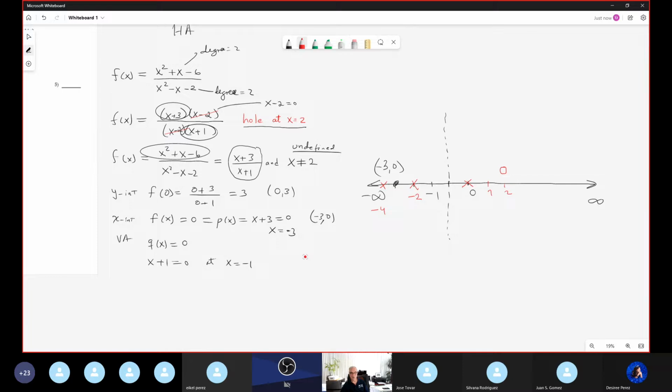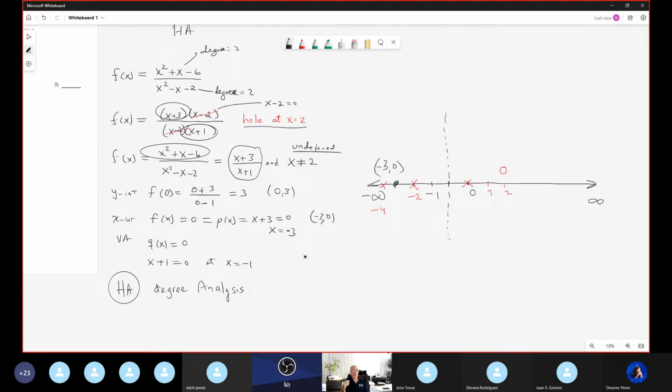Cool. Now the horizontal asymptote is the degree analysis. And we studied in detail at the beginning that the degree is 2. So the same degree, yes, we have a horizontal asymptote. No slant.